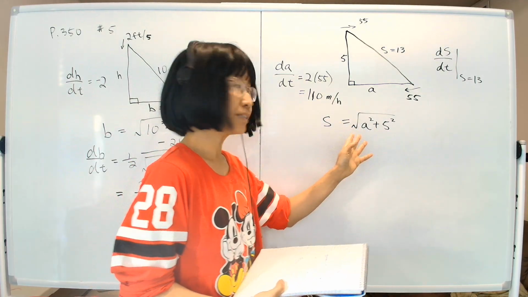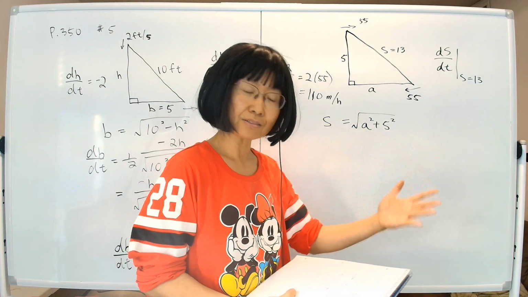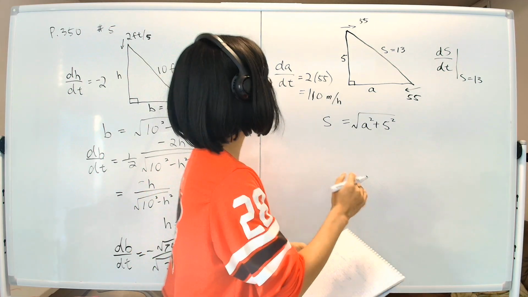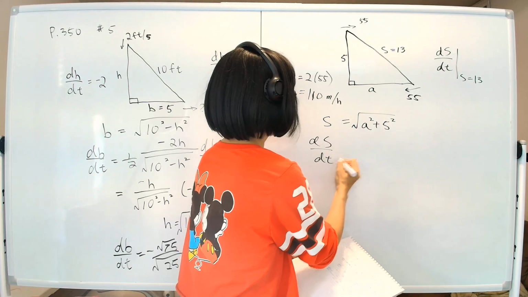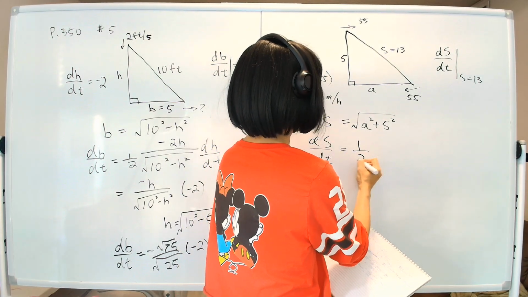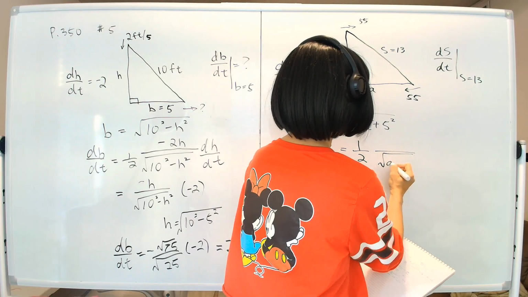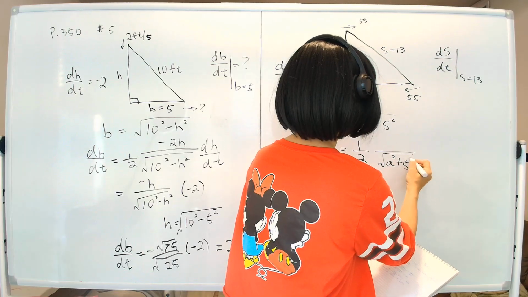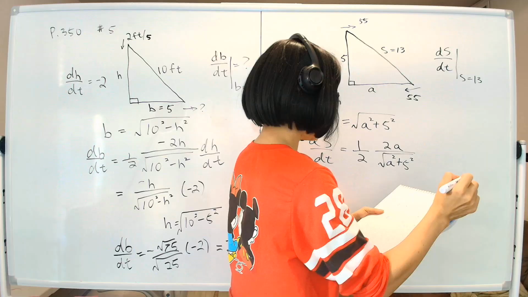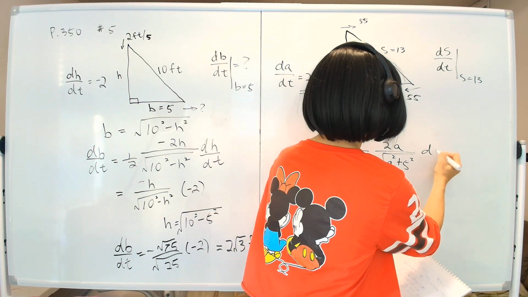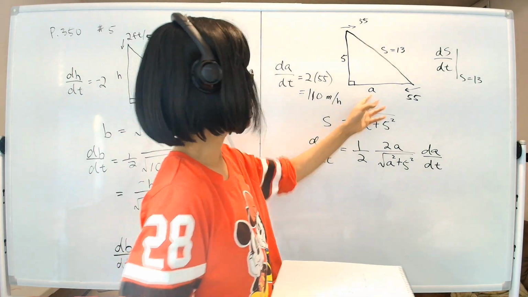Now, in this kind of relationship, anytime the variable is changing, you have to use the variable. But if it's not changing, you can use the constant. So we'll do ds by dt. ds by dt equals 1/2 times the square root of a squared plus 5 squared, and then 2a, and then dA by dt, where you have to calculate the value of a again.